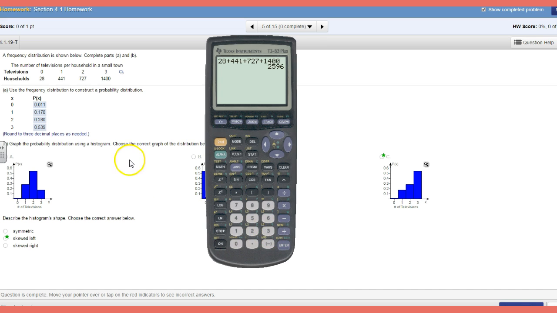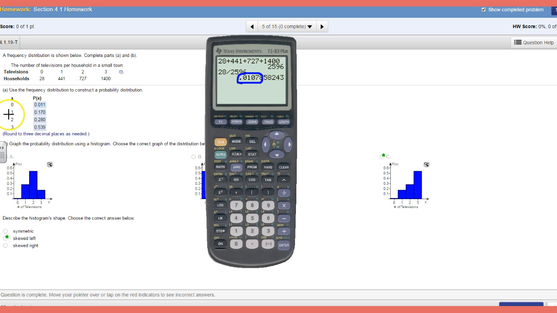If I have to find the probability of having 0 televisions, that would be 28 over 2596, and rounding off to 3 decimal places, that is 0.011.